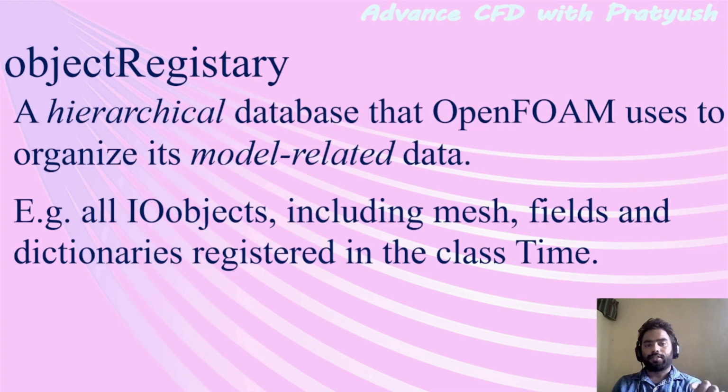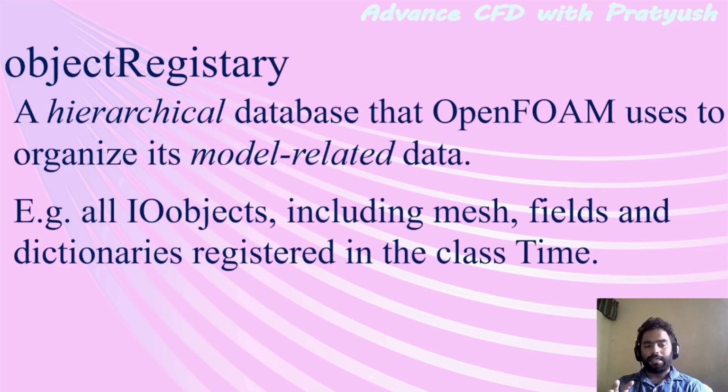If you are writing those things in small codes, then it is easy if one registry is already available somewhere in OpenFOAM, so that any data you want to use again in those small codes, you can just call from that registry.